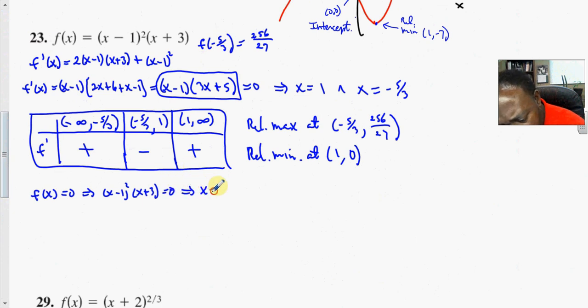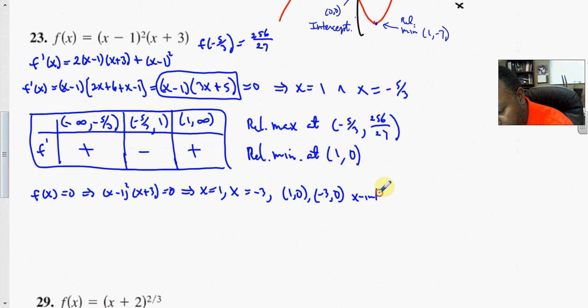That gives us x equal to 1, x equal to negative 3. So in other words, we have (1, 0) and (negative 3, 0) are our x-intercepts.